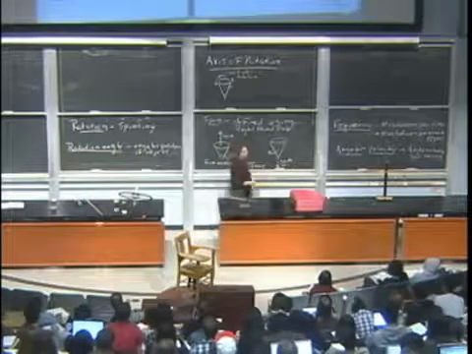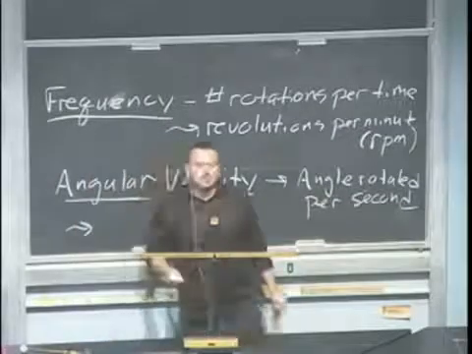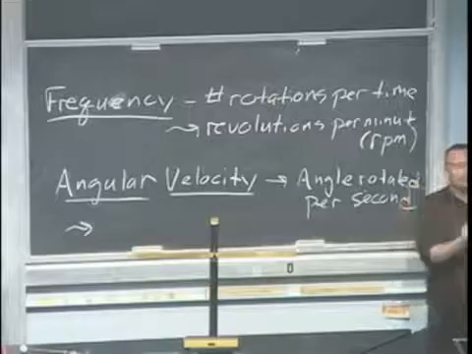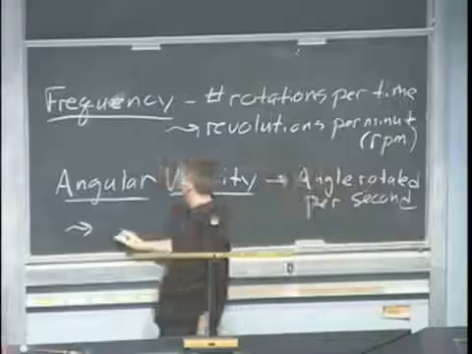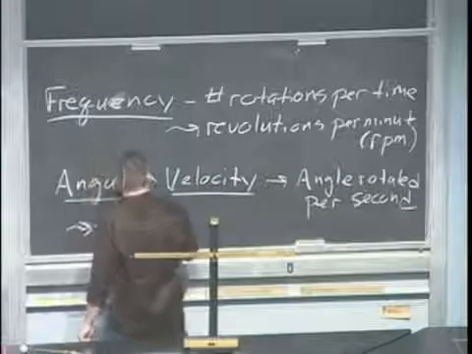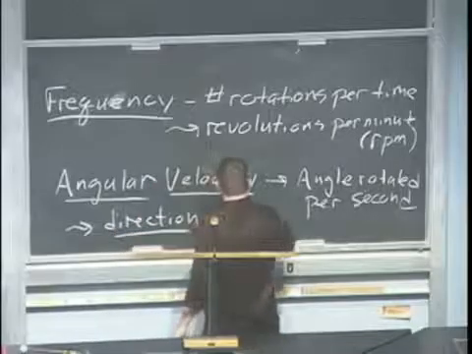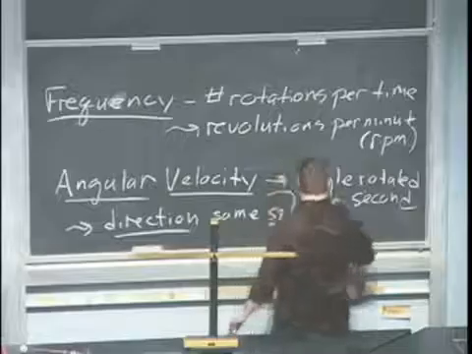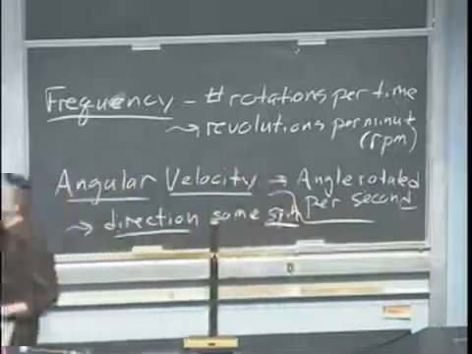A very key point here is that angular velocity, just like regular velocity, has a magnitude and a direction. And the direction for angular velocity is the same as we just defined for spin.